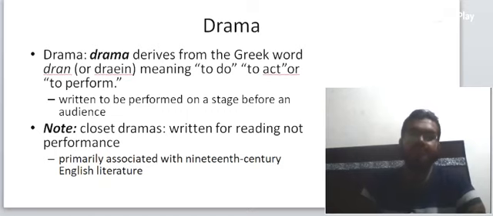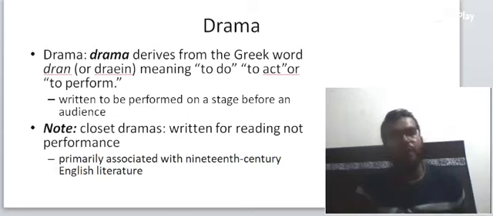So it is actually written to be performed on a stage before an audience. Now you can recall one distinguishing feature of narrative fiction that I have just discussed, that it is written down for private reading. You will be able to understand how these two are different from each other. Drama is written for stage, for performance, and fiction is written for reading.